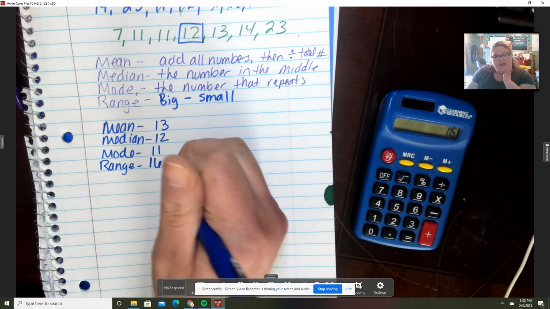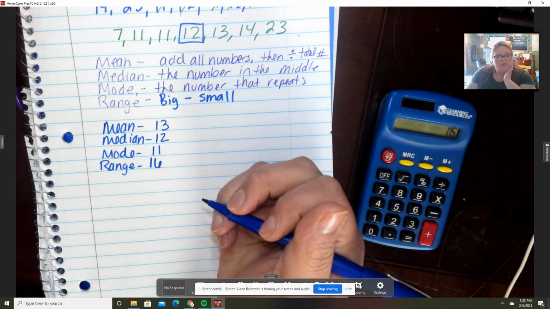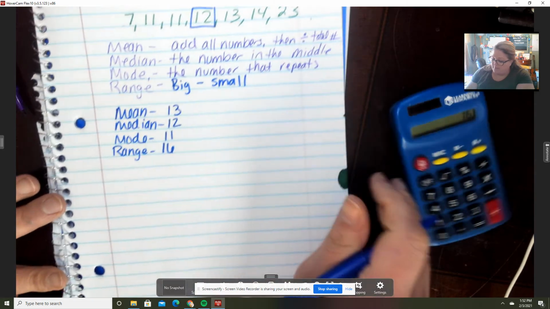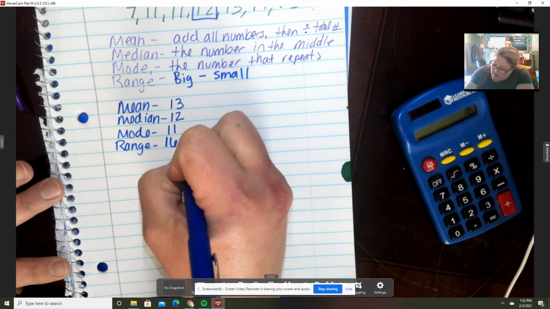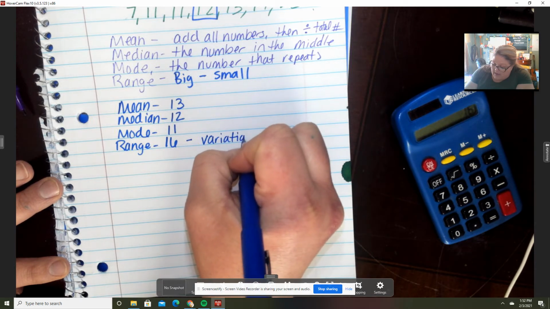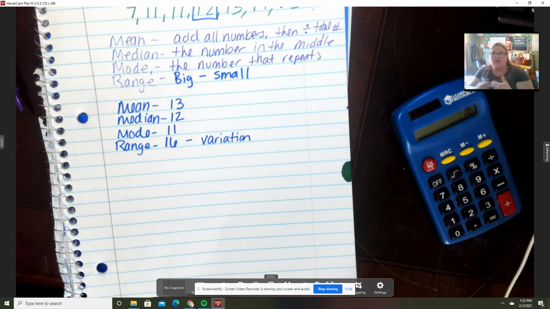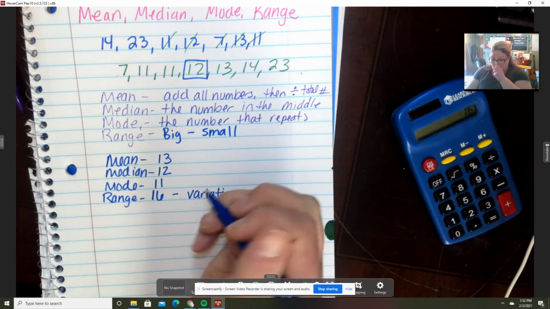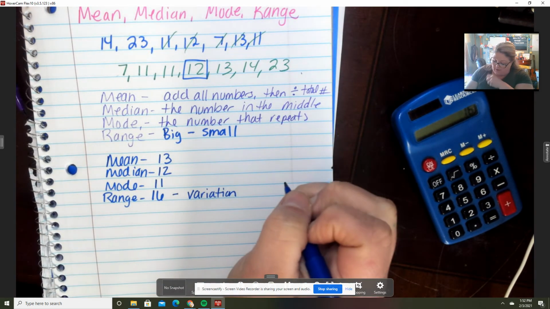So range is called the variation. It shows us how much changes between the biggest number and the smallest number. How much is different.